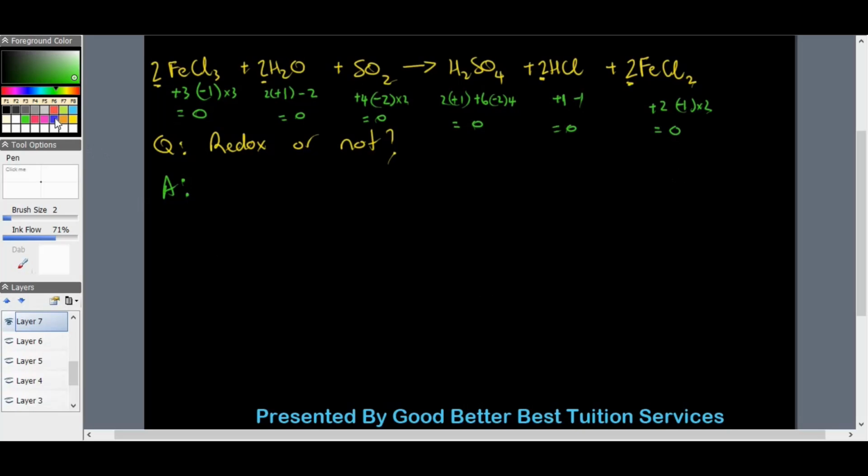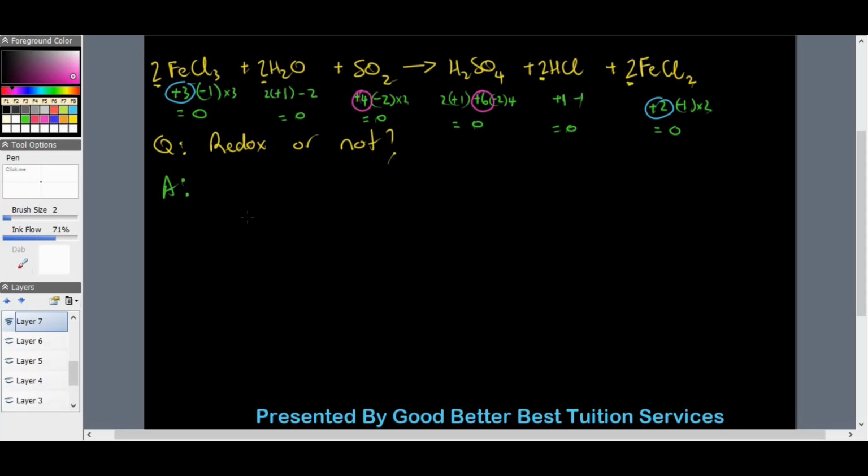What I can identify here, ladies and gentlemen, is that the oxidation number has changed for iron. It was +3, it's now become +2. Oxidation number also changed for sulfur. It was +4 and now it's +6.